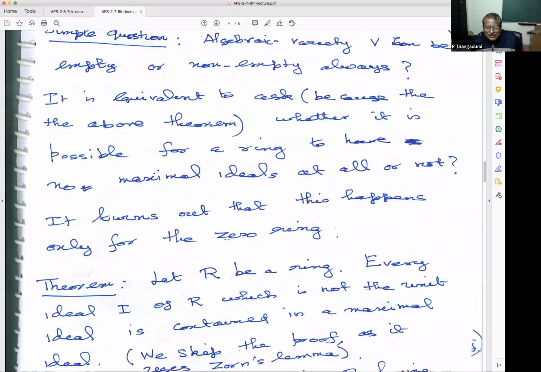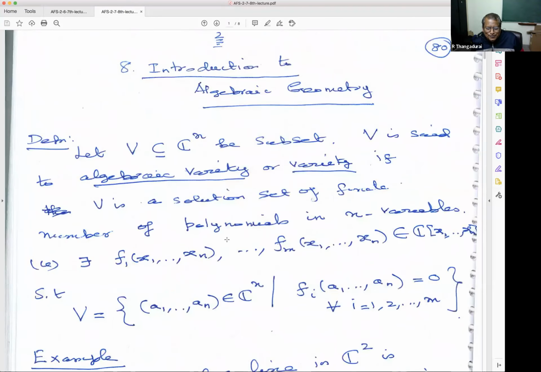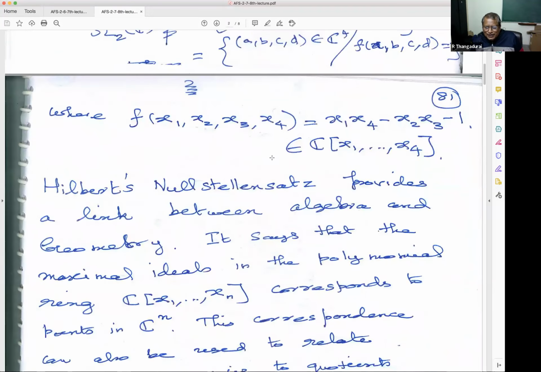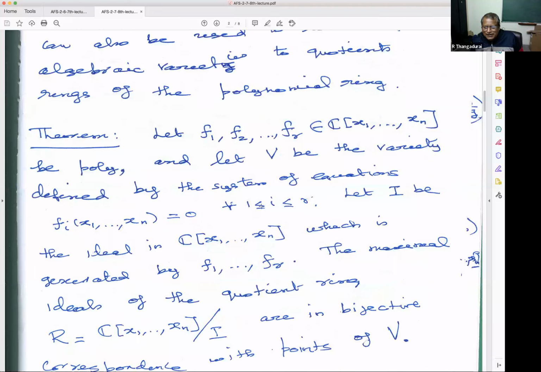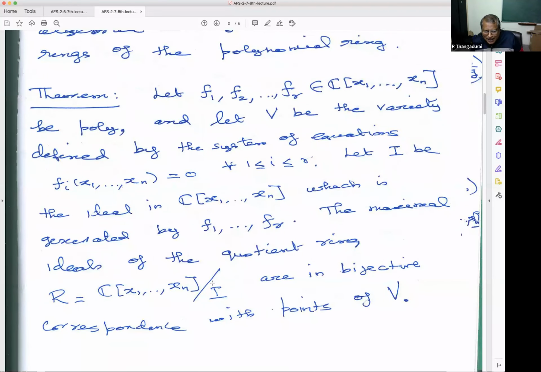So here, first, we assumed in this theorem, I will recall once more, that V is a variety defined by the linear system of equations. This variety is empty or non-empty depending on whether this R is a 0 ring or not. If R is 0, it means I is the whole ring, the unit ideal.